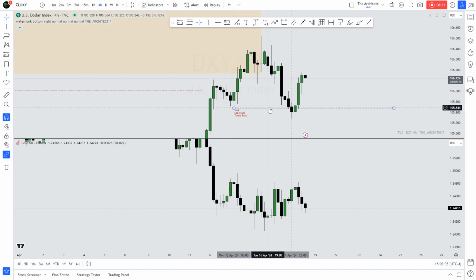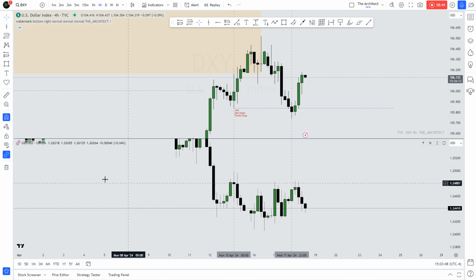Just look through my video catalog and you'll get a perfect understanding of how to use the smart money divergence tool. So you'll notice that this low over here, price made a higher low. You want to see the inverse of that within your GBPUSD or whatever forex currency pair you're trading that has the dollar associated with it, right? So it's not just GBPUSD alone that it works on.